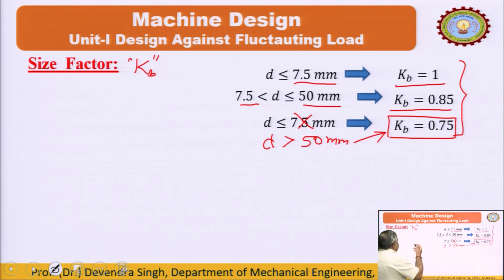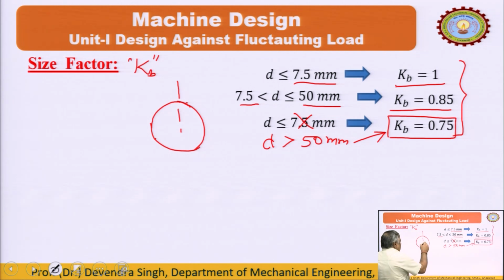For that purpose, we can consider a circular member subjected to bending, where bending stress has a linear variation from the center. This is the bending stress distribution.